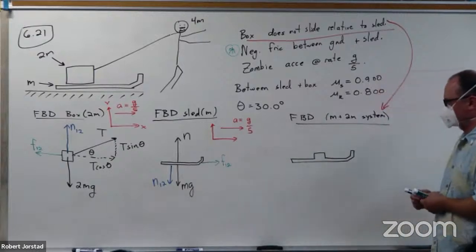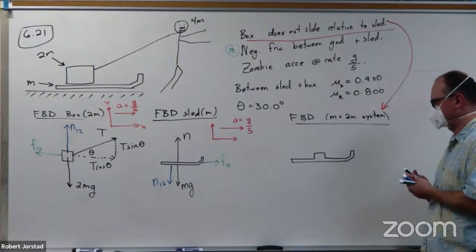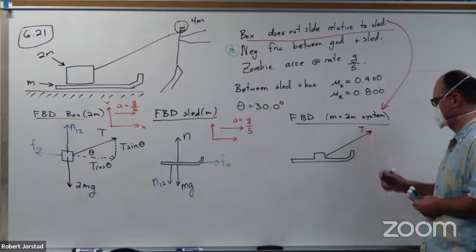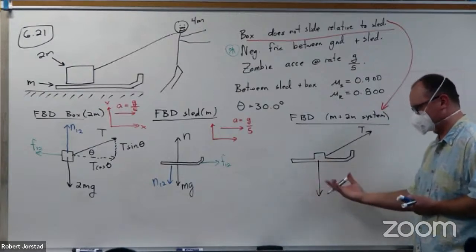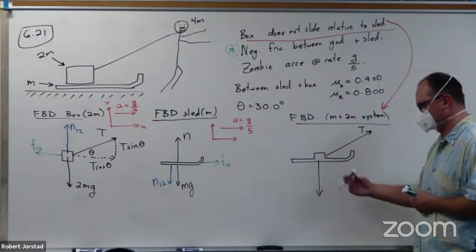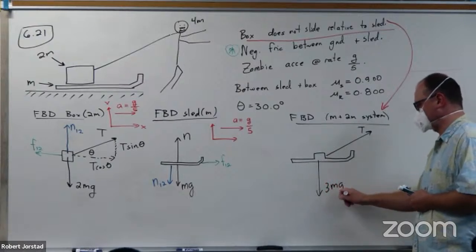What's one force? Tension? What do I have going down? What's the weight? 3mg, because it's m plus 2m.